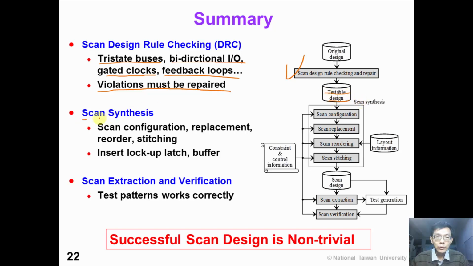And then we move on to scan synthesis. We can perform scan chain configuration, scan cell replacement, scan reordering, and we stitch the scan chain. If needed, we would want to insert lockup latch between two different clock domains, or we will need to insert buffer to fix hold time violation.